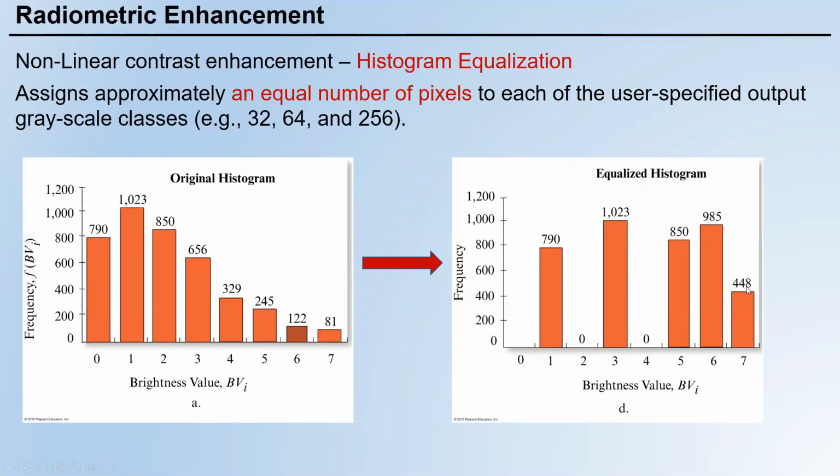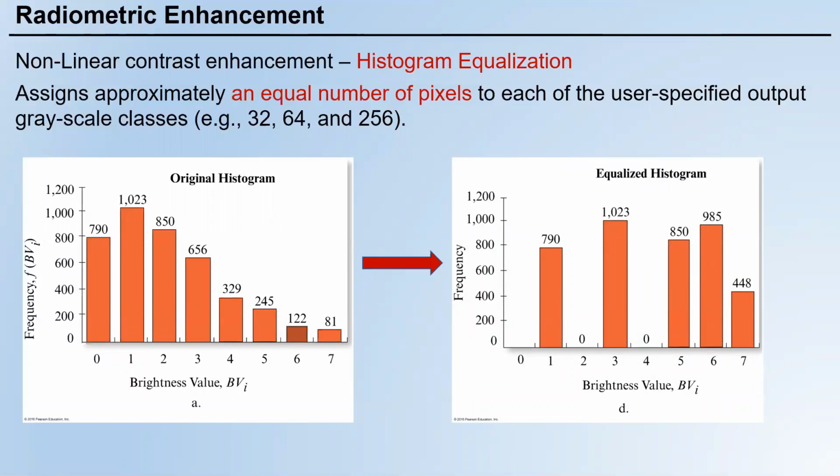Category 7 still has 448, but it's much better than the original histogram. We can also say that some categories, category 2 and category 4, do not have any pixels. So if you compare these two histograms, the right one is the one that has been equalized.